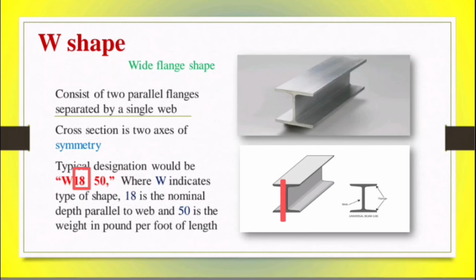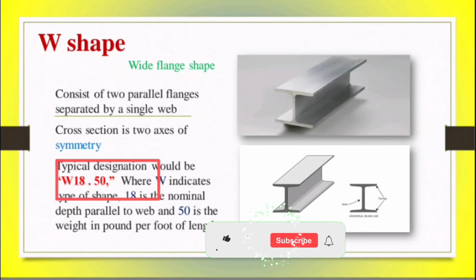This depth, 18, is the nominal depth of a W shaped structural steel, and 50 represents the weight in pounds per foot of length. So this is the unit weight per unit length. These values are used in calculations while designing any warehouse or steel structure.